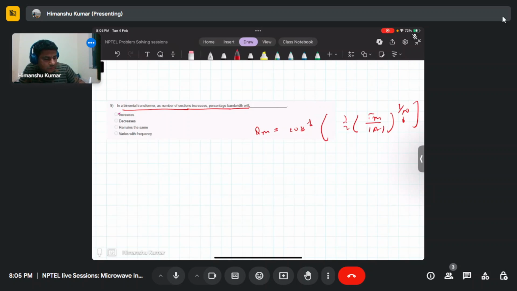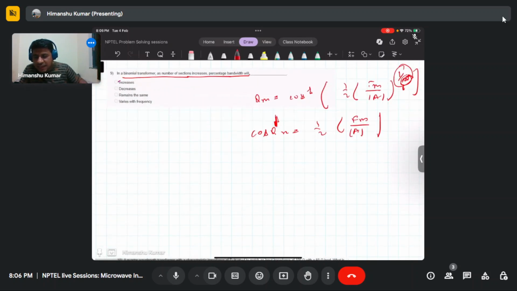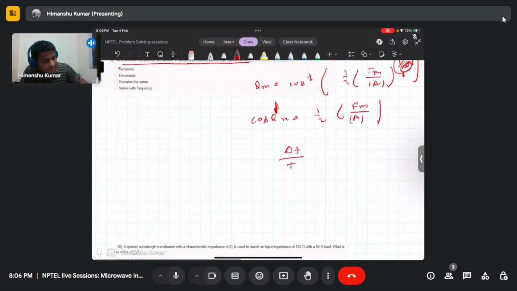You can write cos of theta m equals half of gamma m divided by mod of A, all raised to 1 by N, and as you increase N this term becomes smaller and the total term becomes larger, so cos theta m increases and theta m becomes smaller. Then delta f by f naught is equal to 2 minus 4 theta m divided by pi.